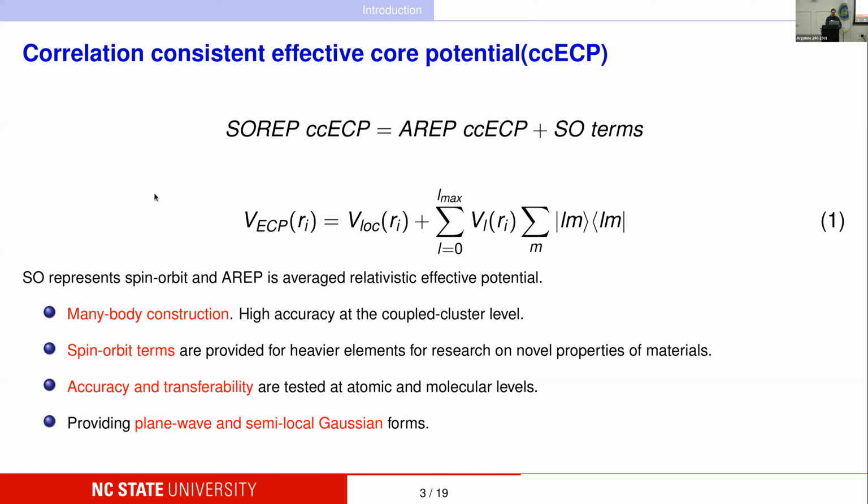And we test them not only in the atomic spectrum, we try to create general effective potentials that can be used in a multitude of different applications. So we try and test them against the atoms with different gaps, and we also test against molecules for their general applicability. All right, and then of course we put them in quite a few different forms.